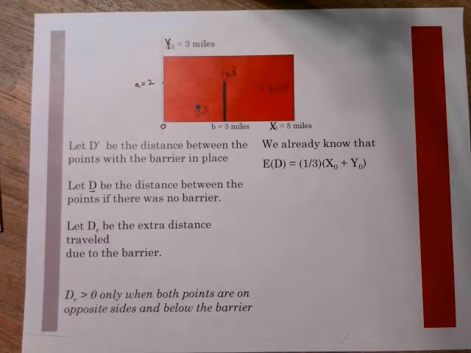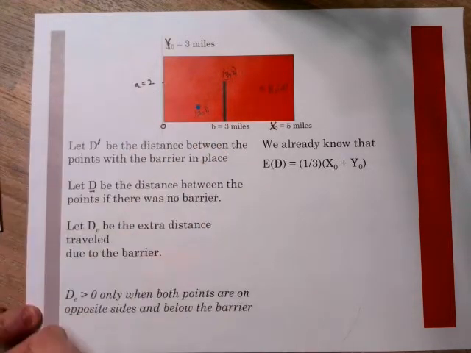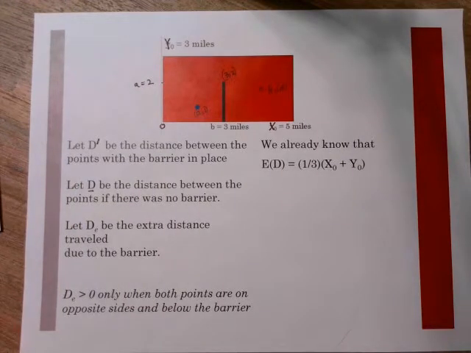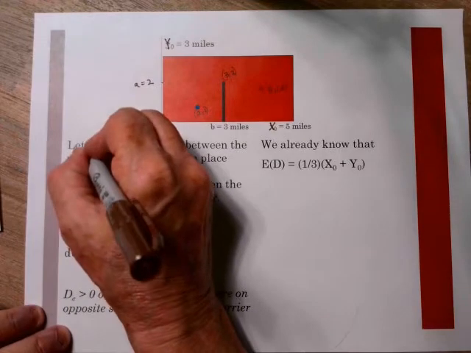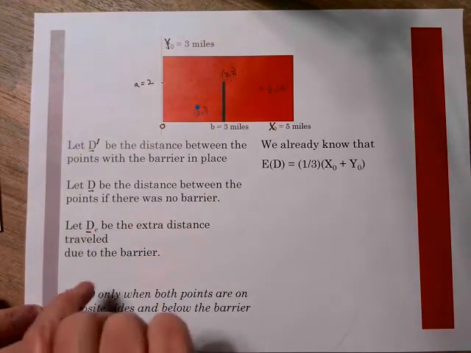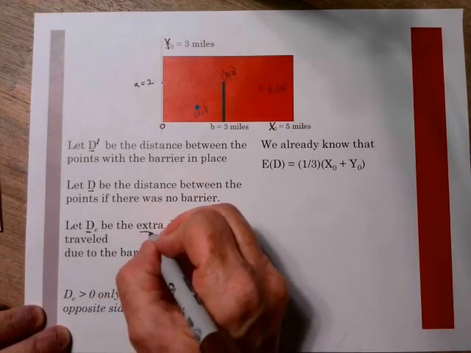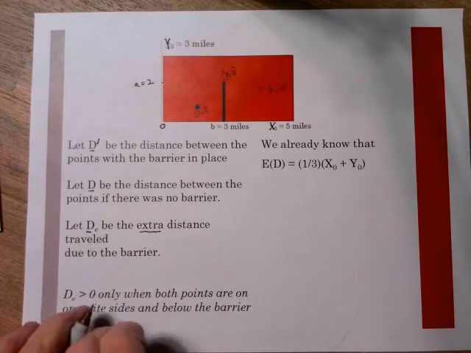Now I'm going to define D prime to be the distance between the points when we have the barrier in place. And these are both random variables also. D_E, with a subscript, is going to be the extra distance traveled that is due to the barrier.